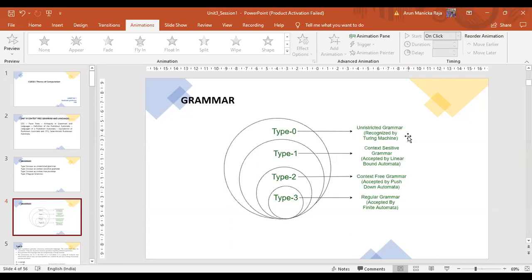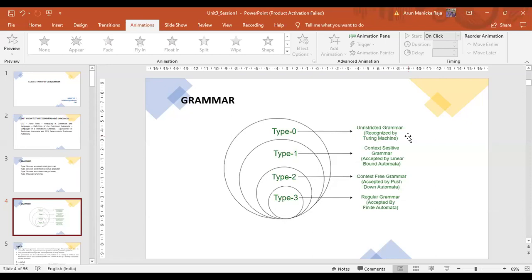Computer is nothing but something doing computation based on some process, based on some condition designed inside it. The programmer designs something, and based on that the computer will work. Like that, we create a simple computer. So type 0 grammar can be recognized by a Turing machine, and type 1 can be accepted by linear bound automata, which is another type of automata.